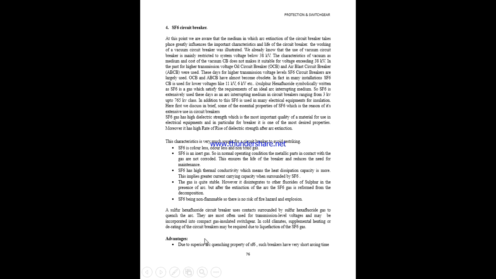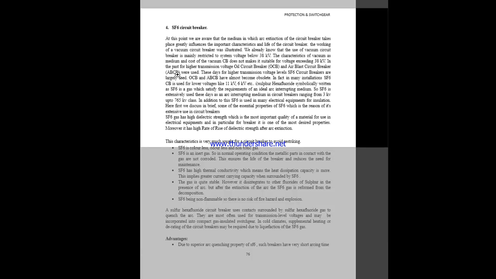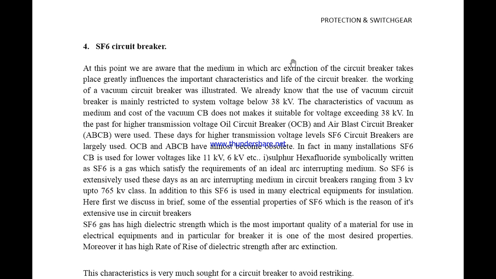And next is the SF6 circuit breaker. While considering the SF6 circuit breaker, we should first understand what SF6 is. Now we know the medium in which the arc extinction of the circuit breaker takes place greatly influences the important characteristics and life of the circuit breaker.